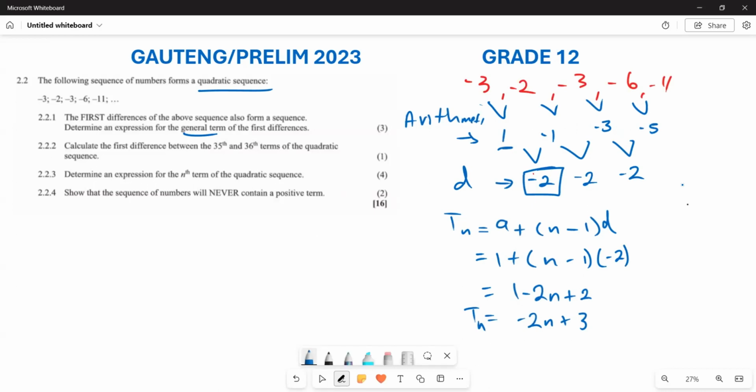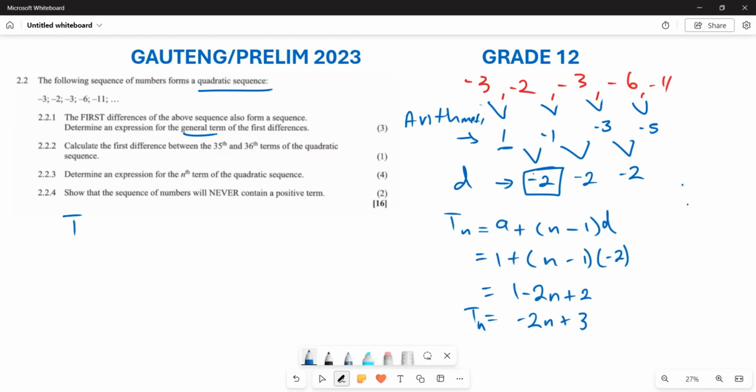In order for you to calculate the difference, you are going to start here. You are going to come back and substitute your term 35. So what is it that you're going to do?